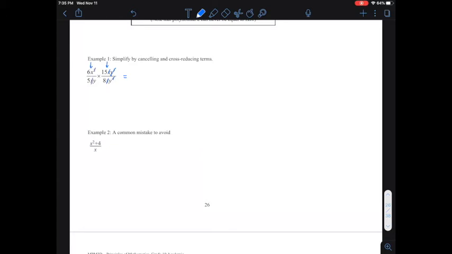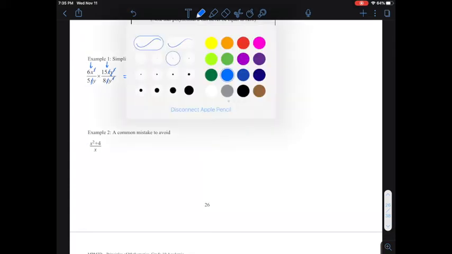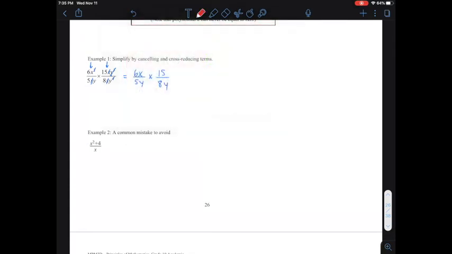Similarly, I have 2 x's in the numerator and 1 in the denominator, so I can rewrite this as 6x over 5y times 15 over 8y. Now I can see that there is some cross-reducing I can do.